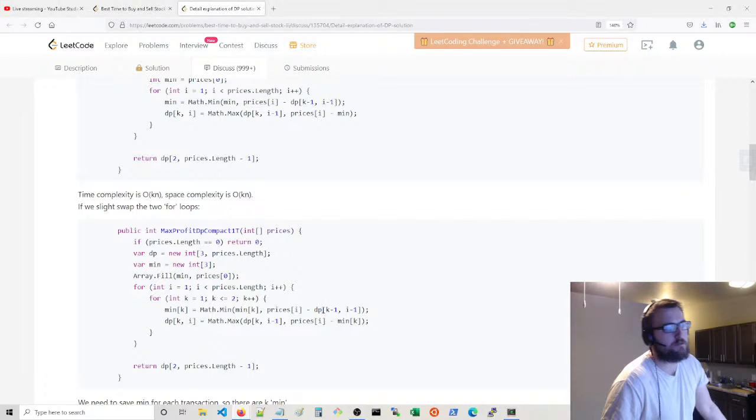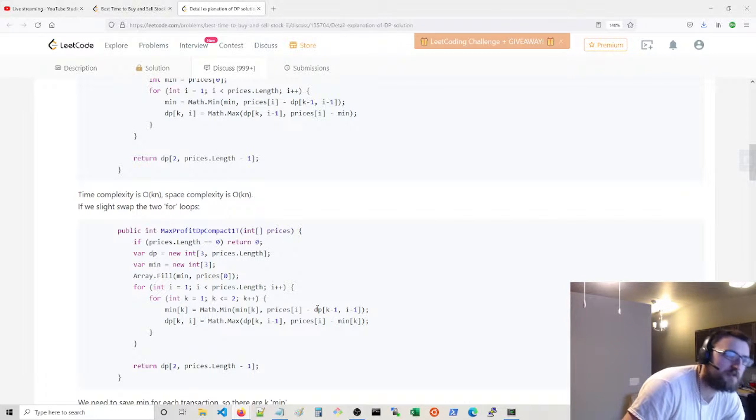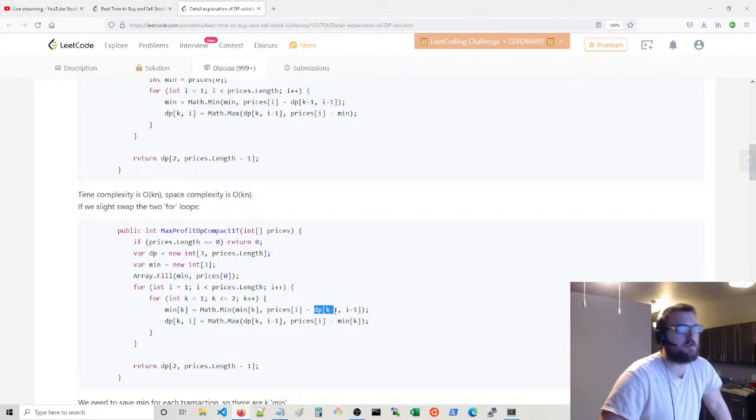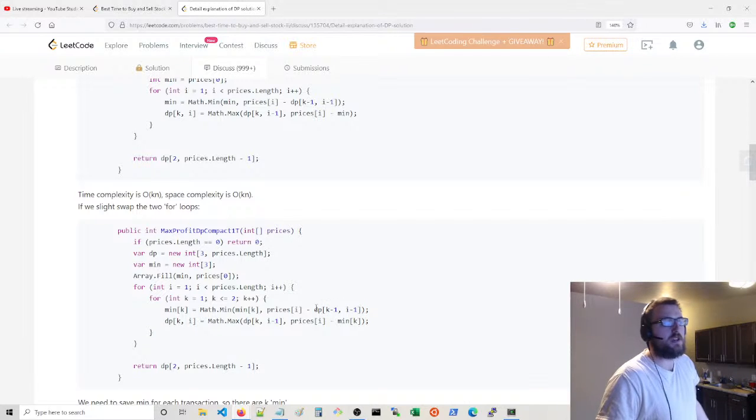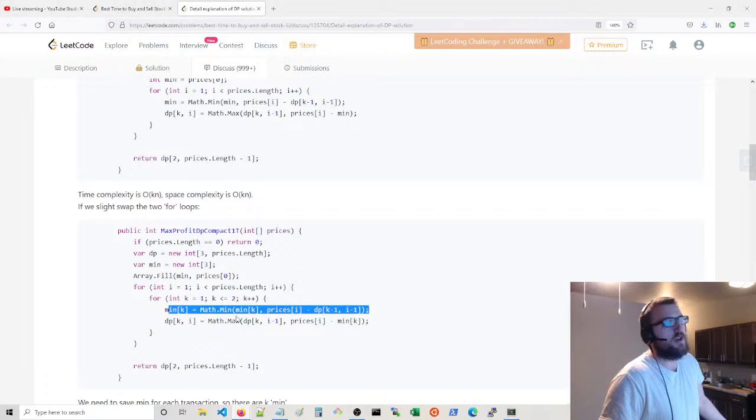You can't have this situation when k is 1, because this just disappears, right? It just goes to 0. But when k is 2, I guess you're just always with the minimum price you've seen so far. But when k is 3, this minimum can change based off of what happened to the second transaction, right? This could change.